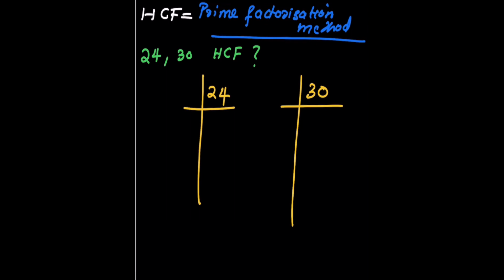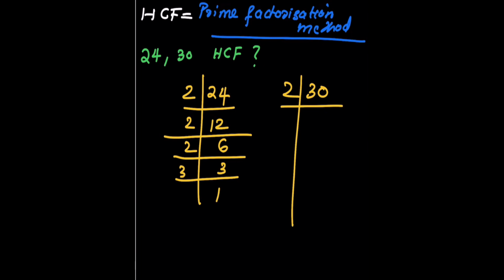Let's do 24 by 2, 12, again with 2, 6, again with 2, 3, again with 3, 1. We got a prime number, so we stop here. In the case of 30, 2, 15, 3, 5, 5, 1. So we stop here as we got a prime number.